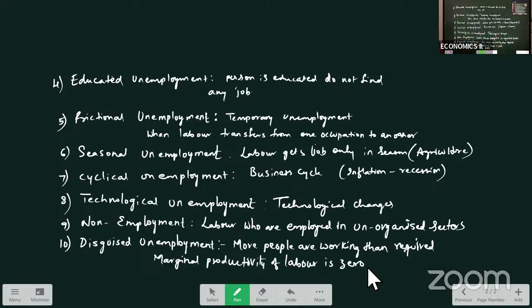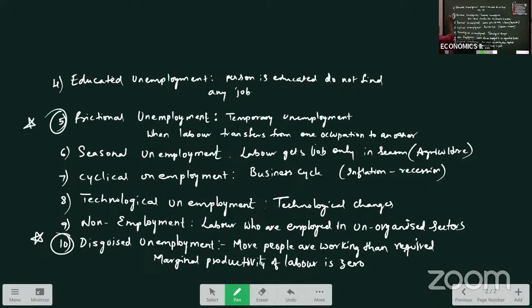Marginal productivity of labor is 0 means what here? Though he is removed from the job also, it will not have an impact on our production. That is called disguised unemployment. So remember here, this disguised unemployment is important for your 2 marks.